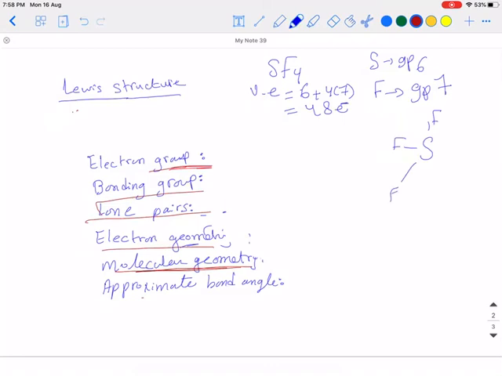So S, and it is surrounded by 4 F. F cannot exceed the octet, so it should have 8, so 3 lone pairs and 2 bonded.